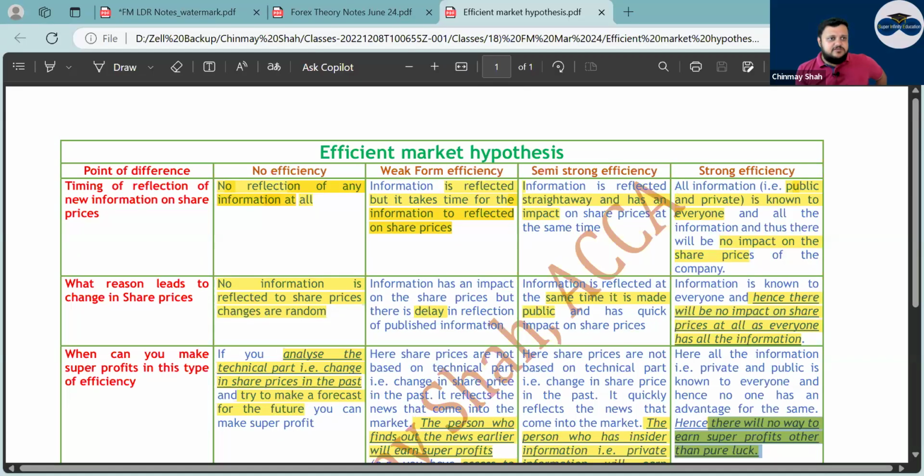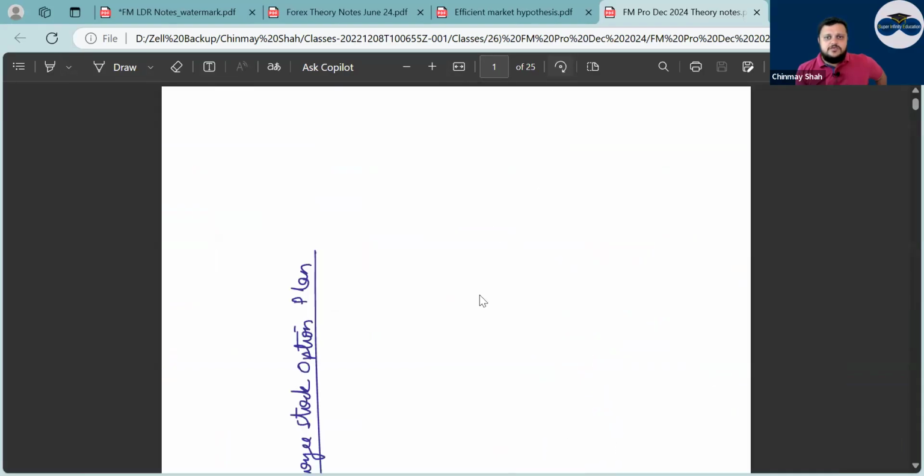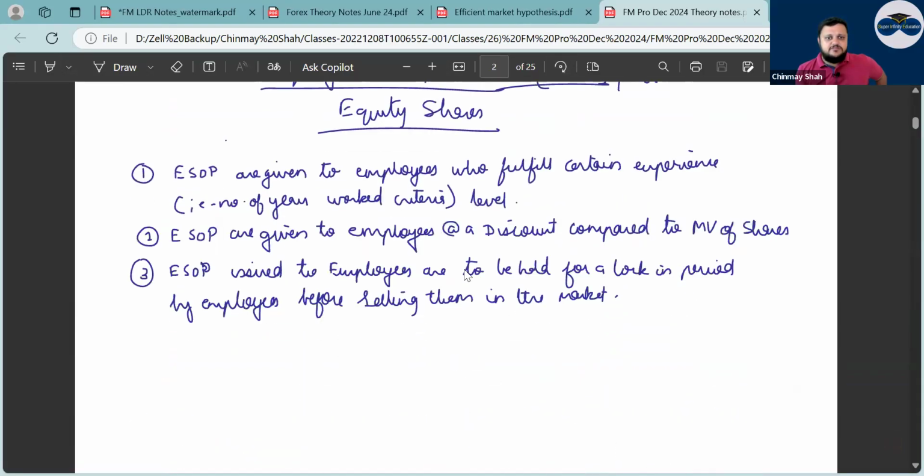Let me open up the theory note. Wait. Look, in theory we have the first chapter also remaining, no?